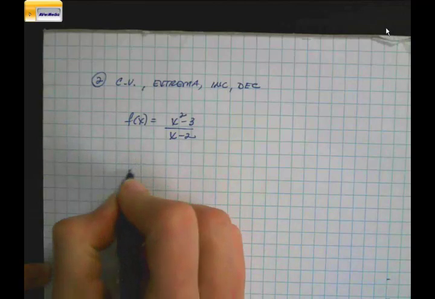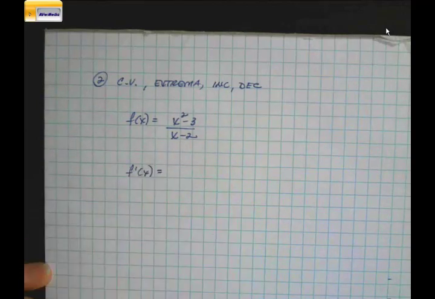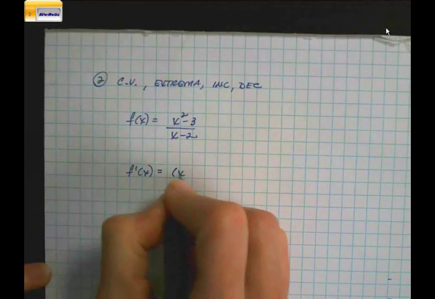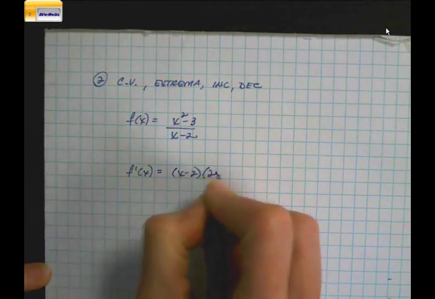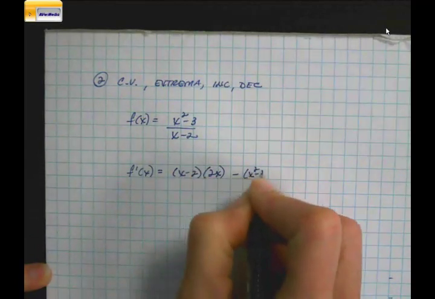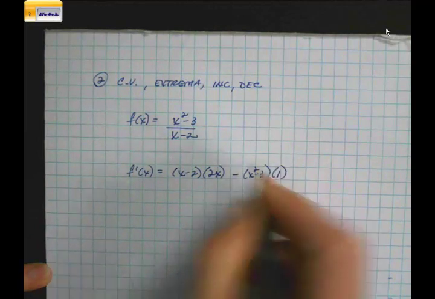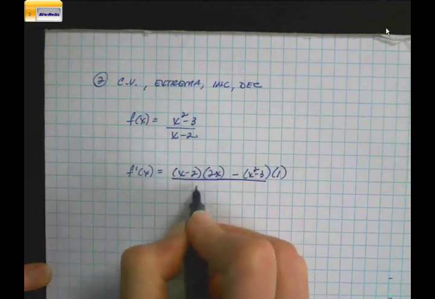Let's come up with the first derivative of this function. The first derivative is the bottom times the derivative of the top minus the top times the derivative of the bottom, all divided by the bottom squared.